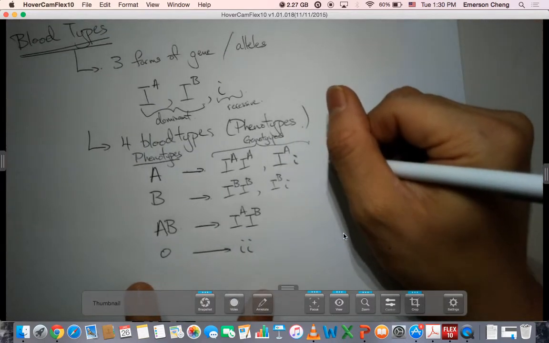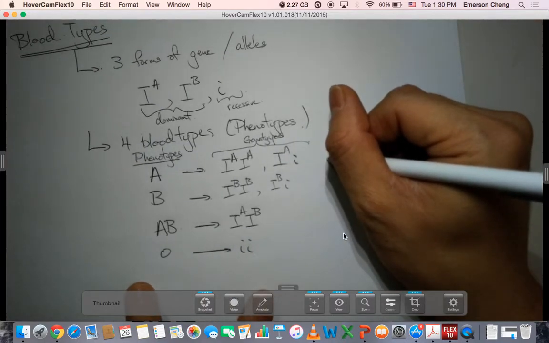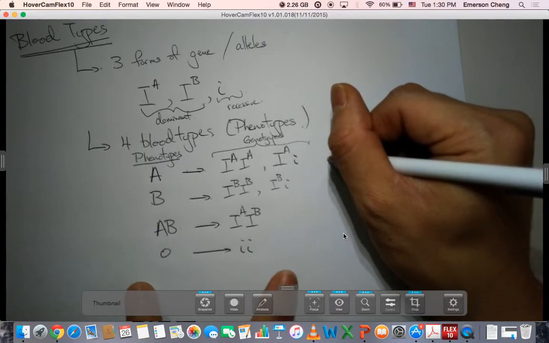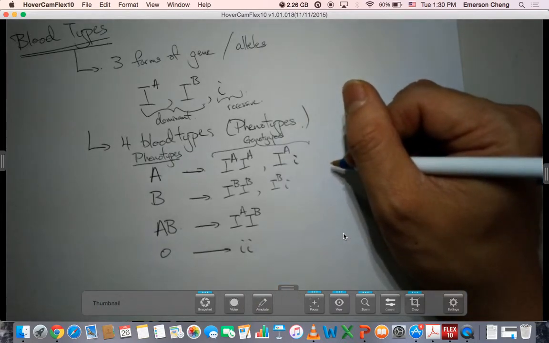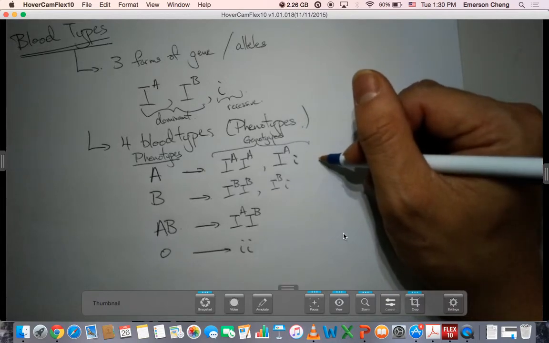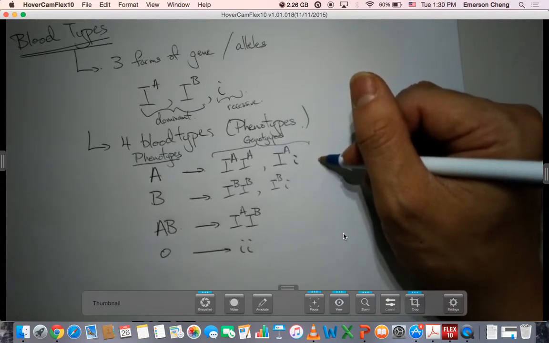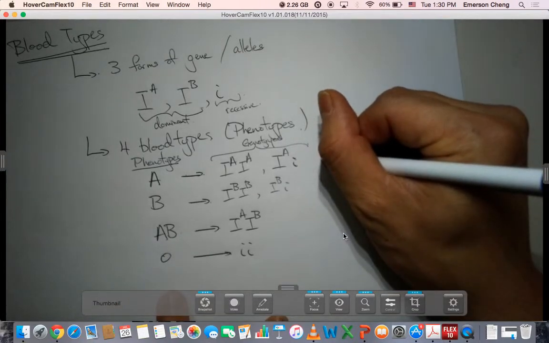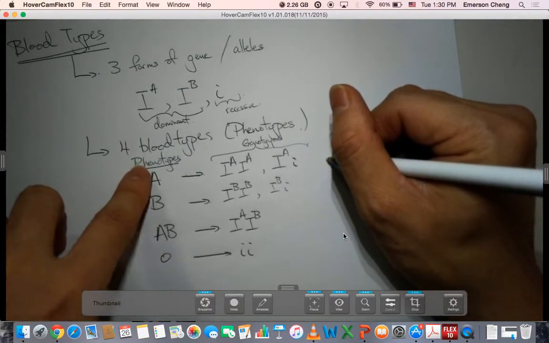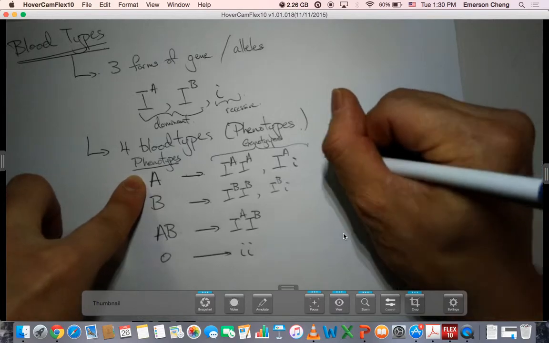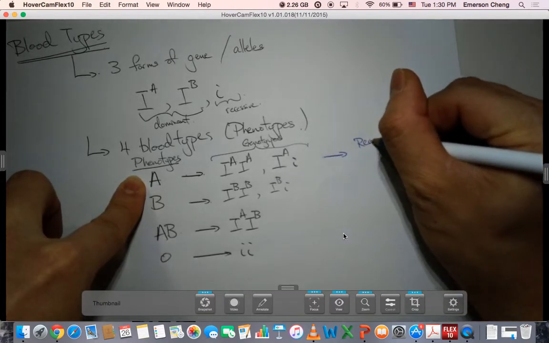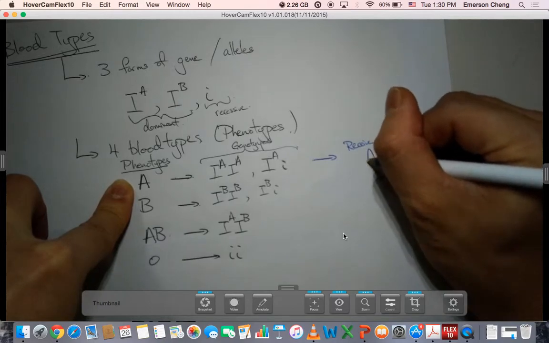If you are blood type A, which means your cells have type A antigens on them, and someone else donates blood to you which does not have the type A antigen, your body will react to it, and chances are you will die very quickly. So, in this case, if you are type A blood, you can only receive type A blood.